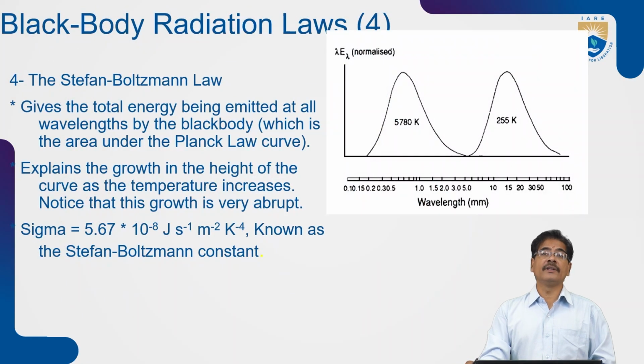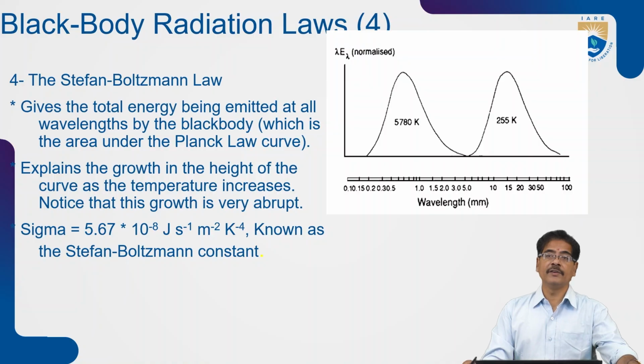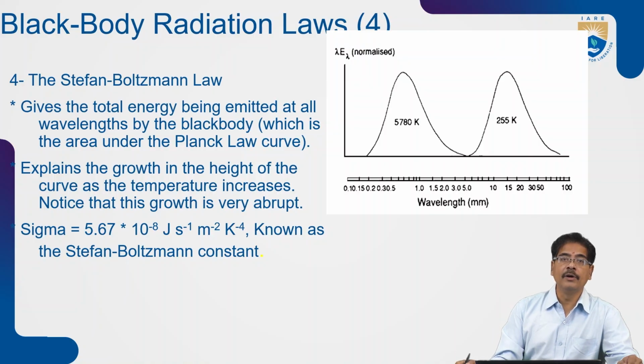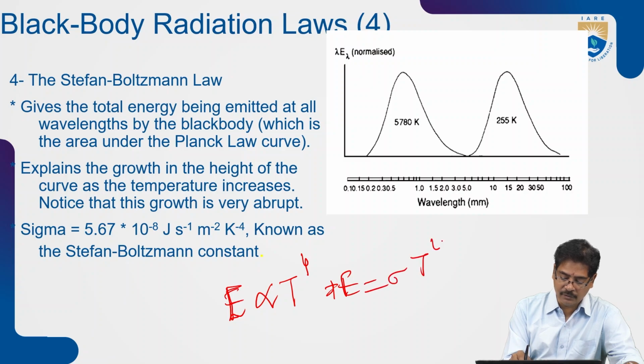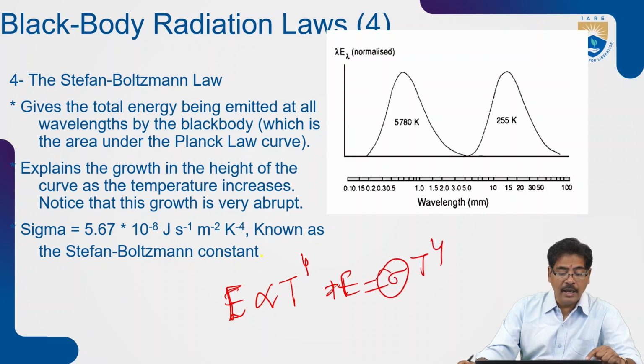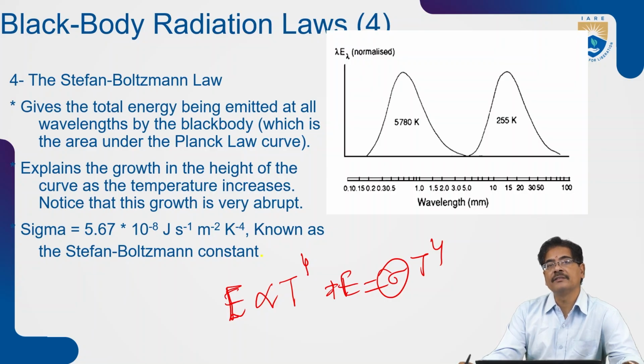Next is the Stefan-Boltzmann law. The Stefan-Boltzmann law says the energy produced by a black body is directly proportional to the fourth power of temperature. That's what we write, E equals sigma T to the power 4, where sigma is the Stefan constant, and it gives the total energy being emitted at all wavelengths by the black body, which is the area under the Planck curve.